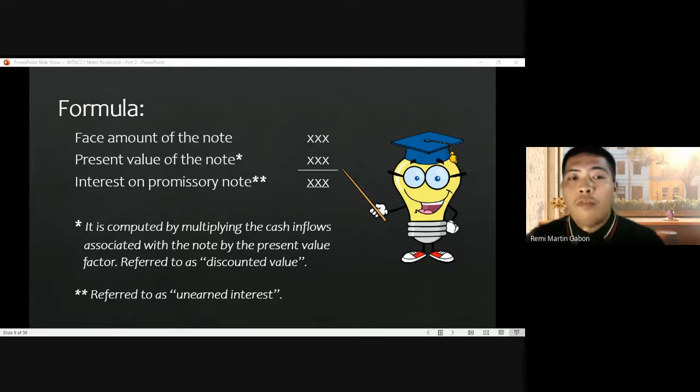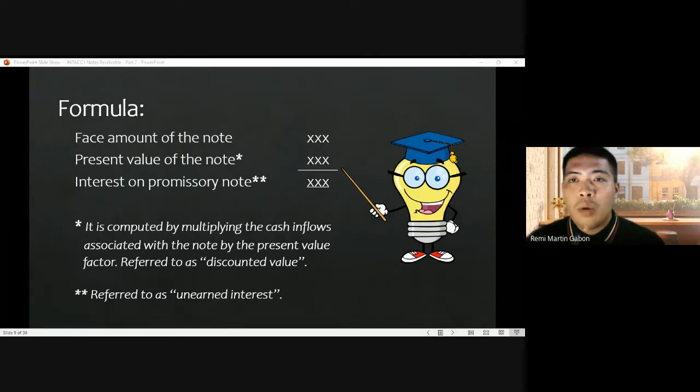But for non-interest bearing notes receivable, it is as if we receive the interest in advance. That's why, per definition earlier, the interest of the non-interest bearing notes receivable is embedded in the promissory note's face amount. So unearned interest, meaning the face amount already includes the principal and the interest.